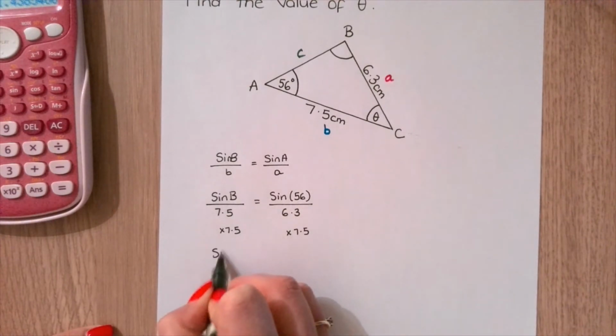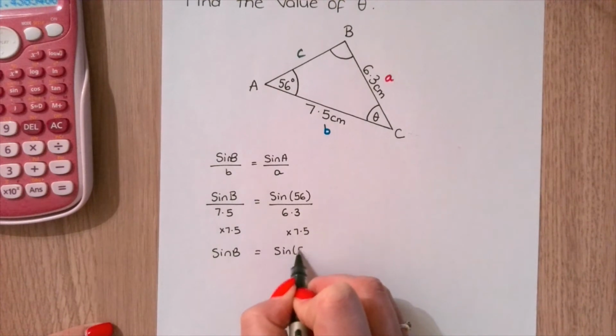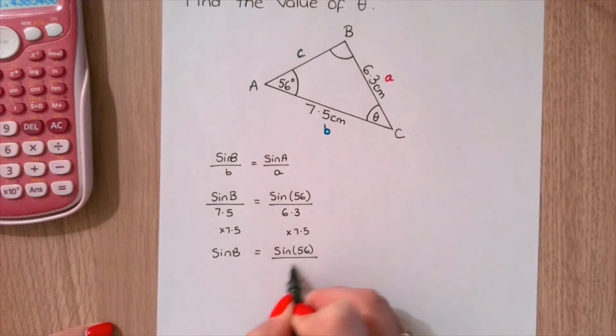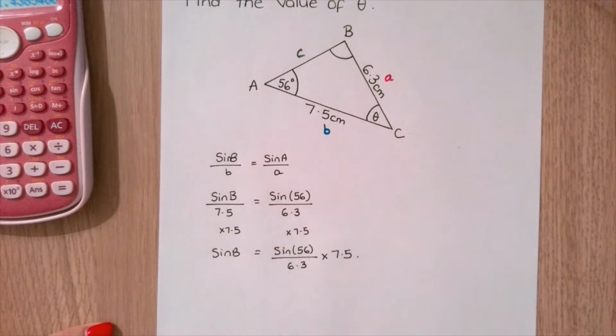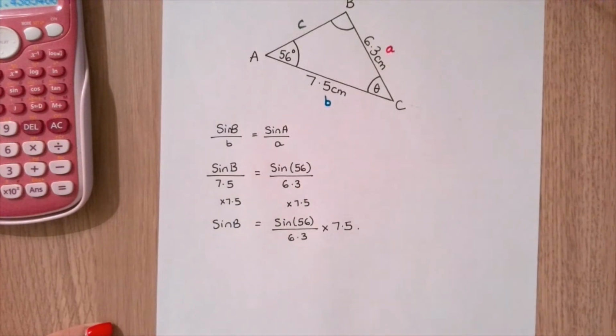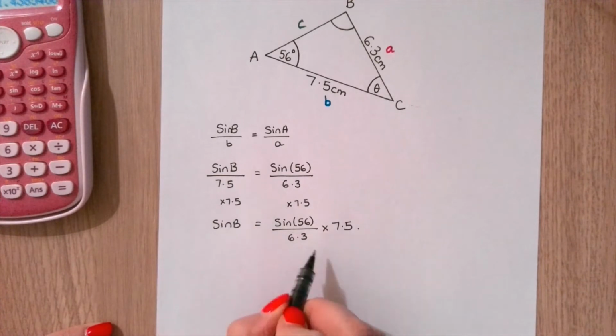I get sine B is equal to sine 56 over 6.3 multiplied by 7.5. As you saw in my previous example, what I'm going to do is inverse sine both sides.